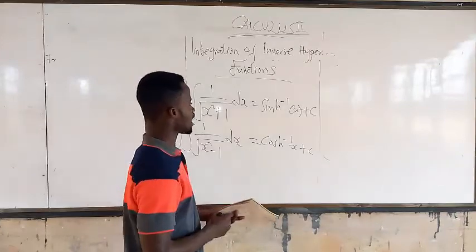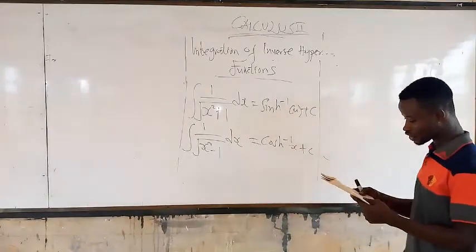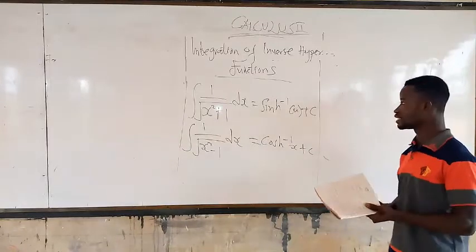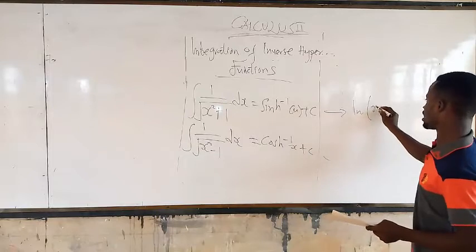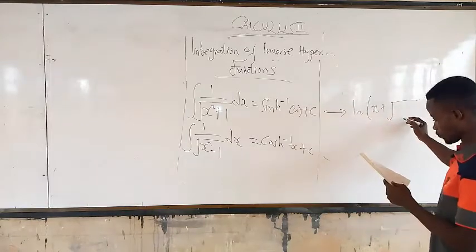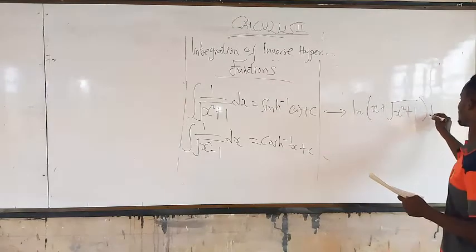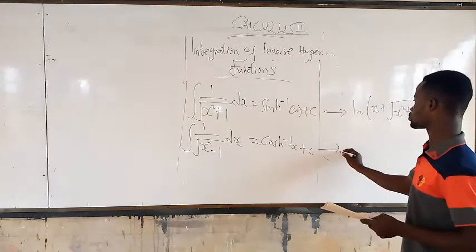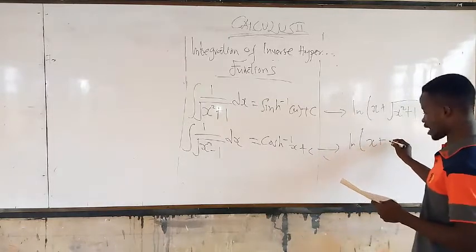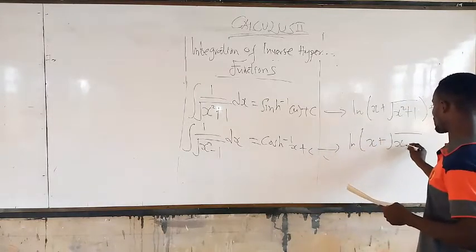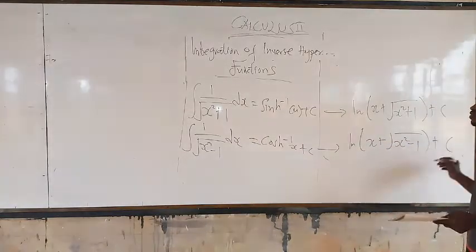Here we know that sinh inverse is ln s plus square root of s squared plus 1 plus c. And here too, it is the same as ln s plus square root of s squared minus 1 plus c.